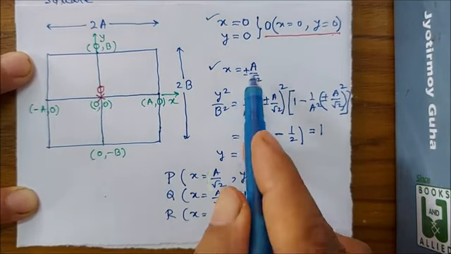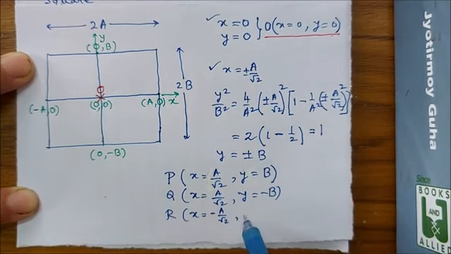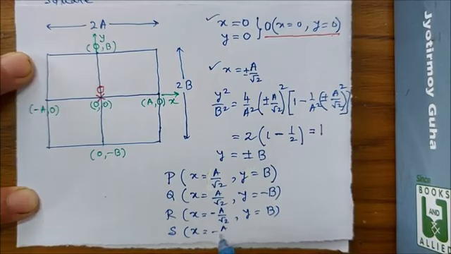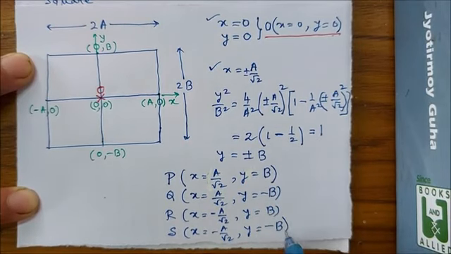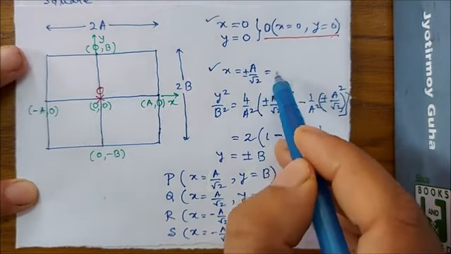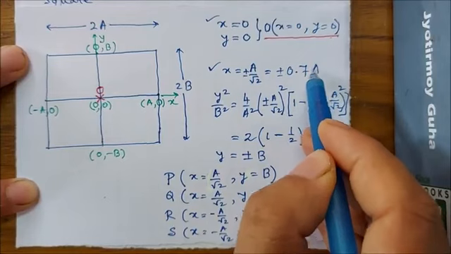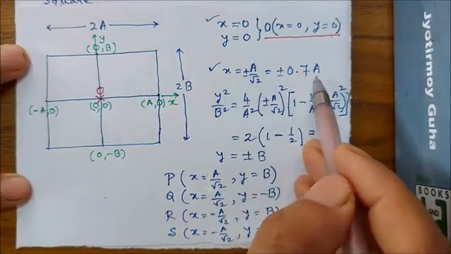Now we take x equal to minus a by root 2. And now we take y equal to minus b. And we note that this a by root 2 is actually plus minus 0.7 a. So x equal to 0.7 a.